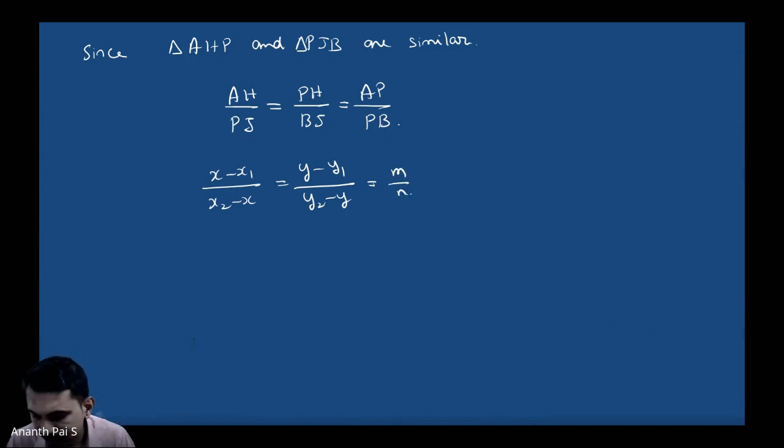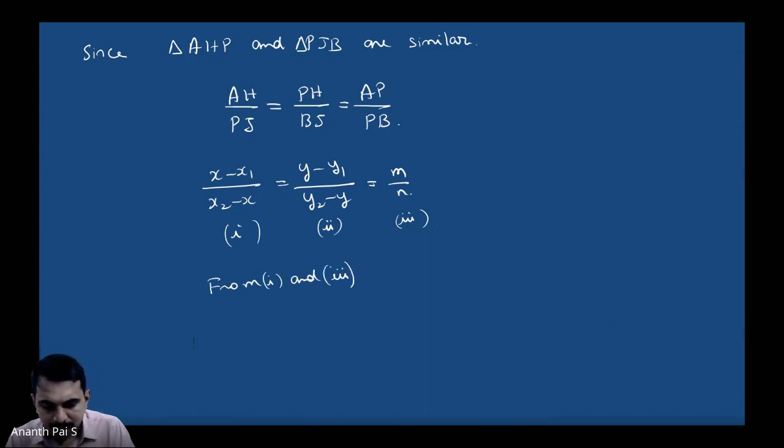Observe that. If I say this is 1, this is 2, and this is 3, then from 1 and 3 we can write x minus x1 divided by x2 minus x is equal to m by n.